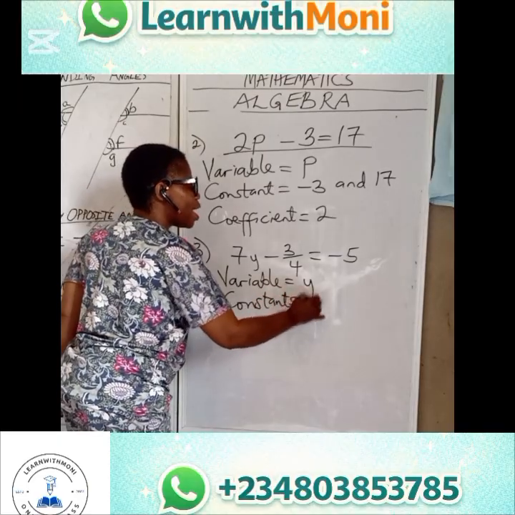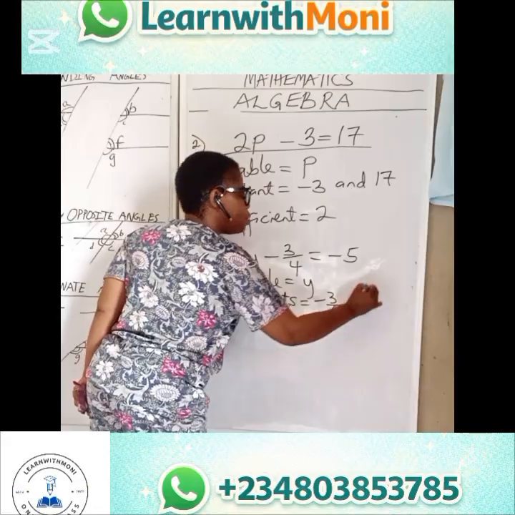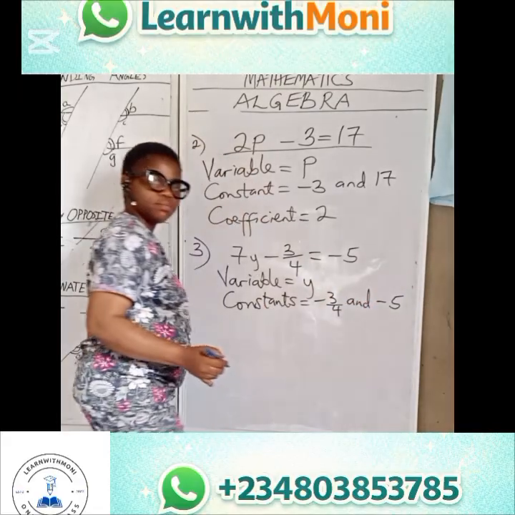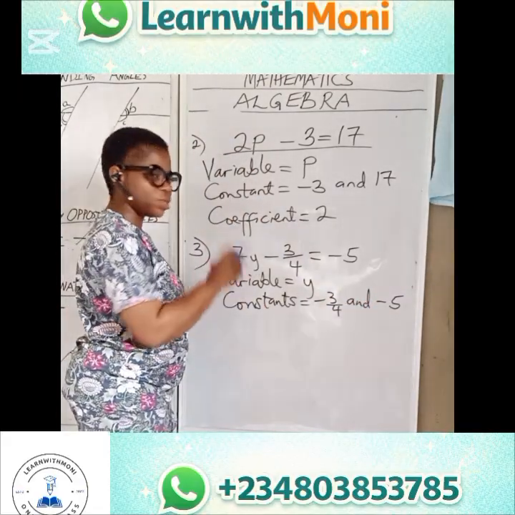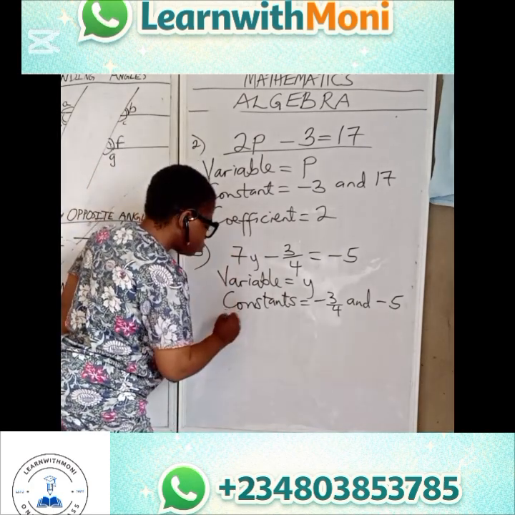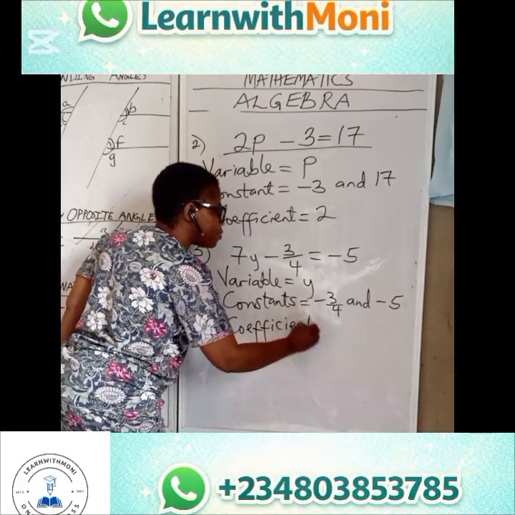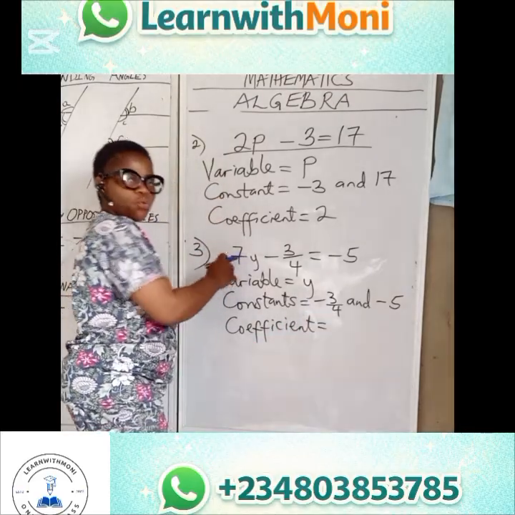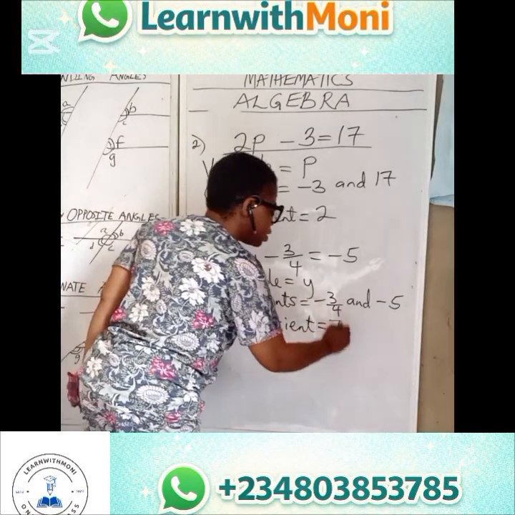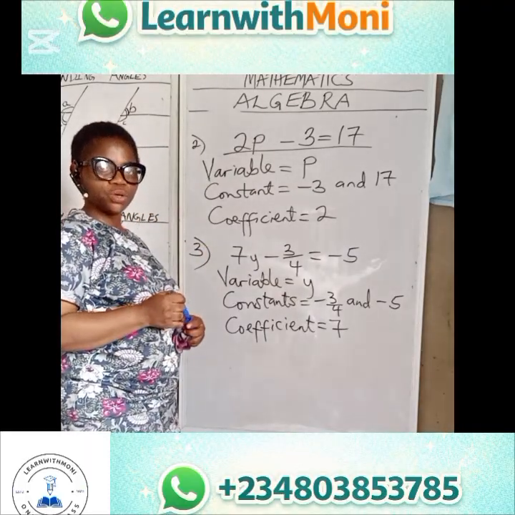The constants here are minus 3 over 4 and minus 5. They are the numbers with fixed value in this equation. And talking about coefficients, I will ask you how many y do you have in that question? We have 7y. So the 7 is the coefficient of y in that equation.